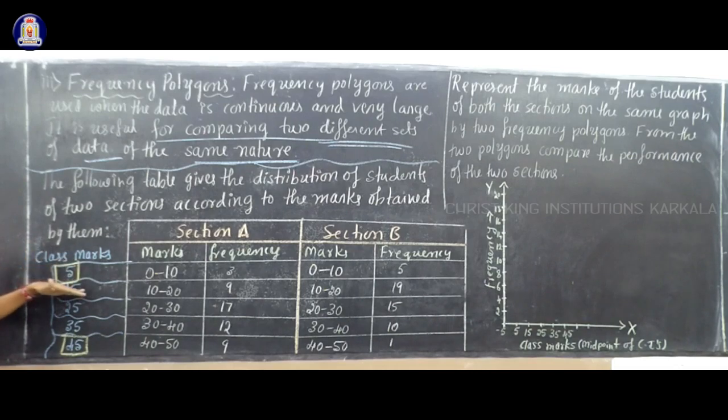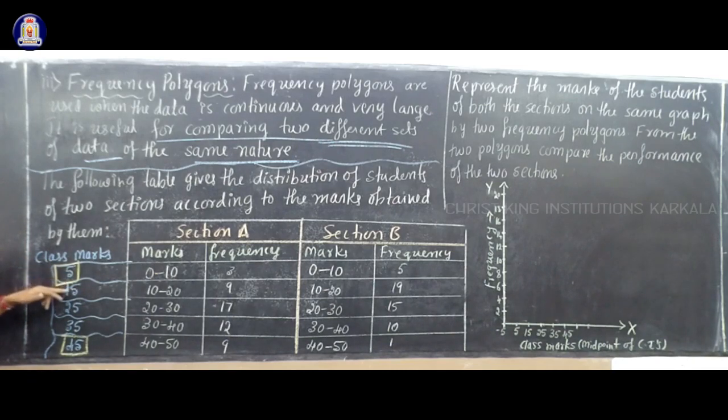See, 5 plus 10 is 15. 15 plus 10 is 25. 25 plus 10 is 35. 35 plus 10 is 45. So what will be the next class mark? If you add 10 to the previous class mark, you will get the next class mark.